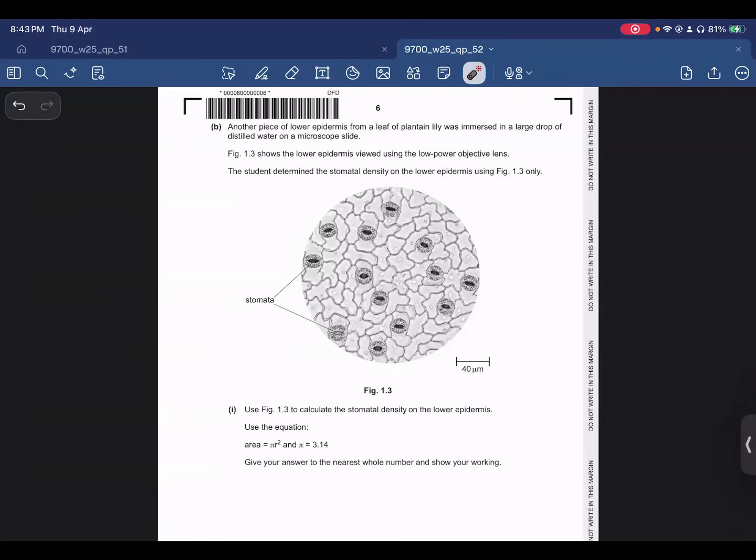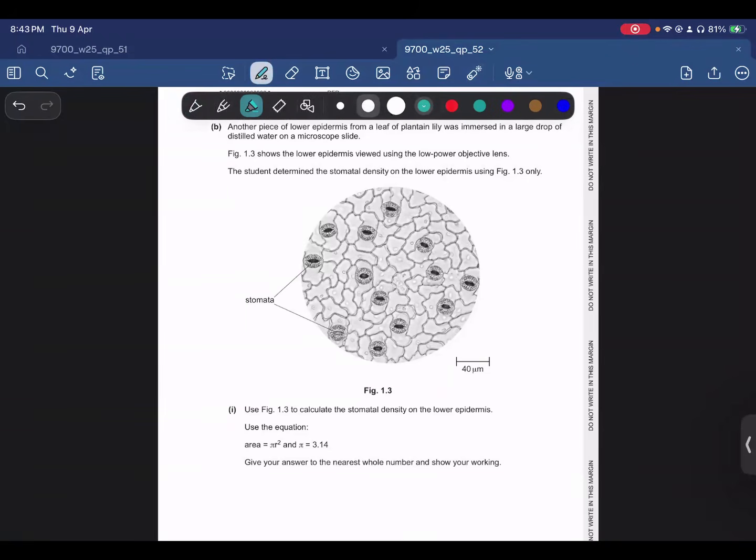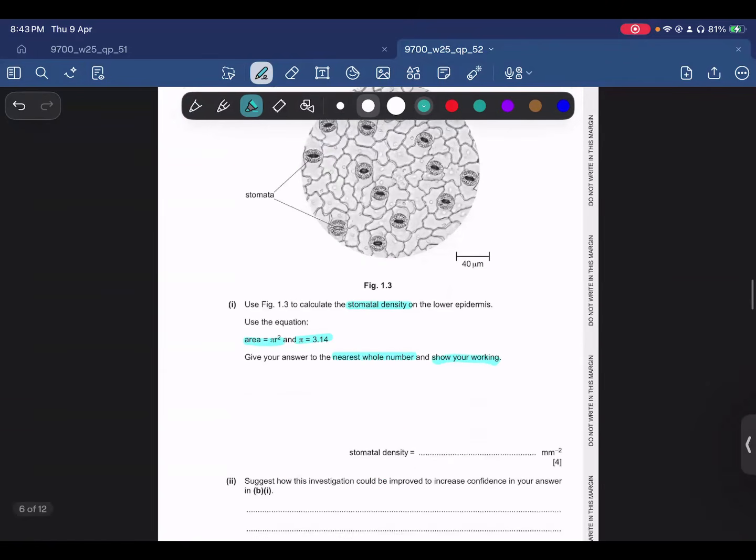Yeah, I've read the question. So now you need to use figure 1.3 to calculate the stomatal density on the lower epidermis, and they're asking you to use the area formula and pi के लिए ये value. Give your answer to the nearest whole number and show your working. So what's your working gonna be like?